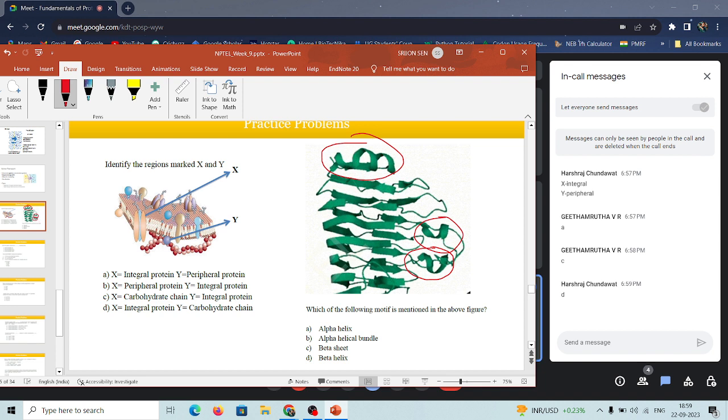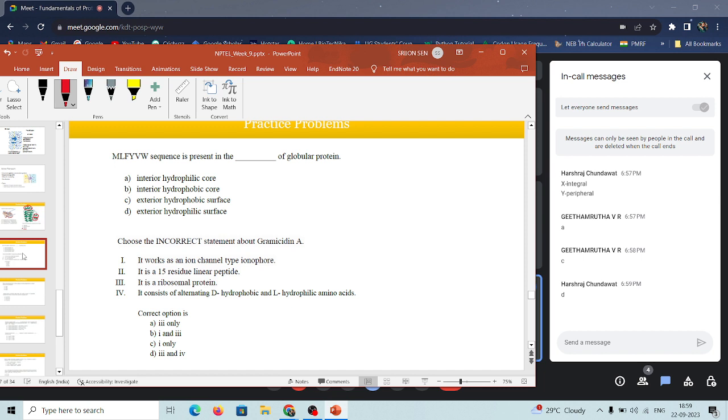So there are three alpha helices present. It's not an alpha helix alone because there are beta sheets. Also it's not a beta sheet alone because you have alpha helices. At the same time it's not a helical bundle, but it's your beta helix because you have beta sheets as well as alpha helices. So option D is your correct answer. Anyways, never mind. Okay, the next one.